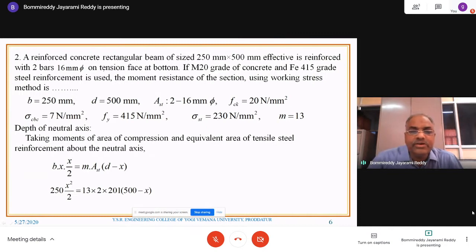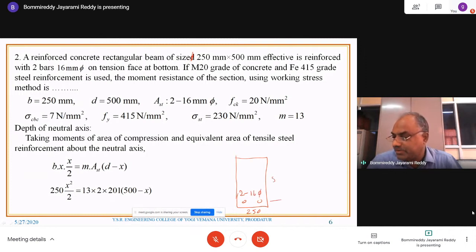A reinforced concrete rectangular beam of size 250 mm by 500 mm effective is reinforced with 2 bars of 16 mm diameter on tension face at the bottom. In the diagram it is given that width is 250 and steel reinforcement is 2 bars of 16 mm diameter and effective depth is 500 millimeters.